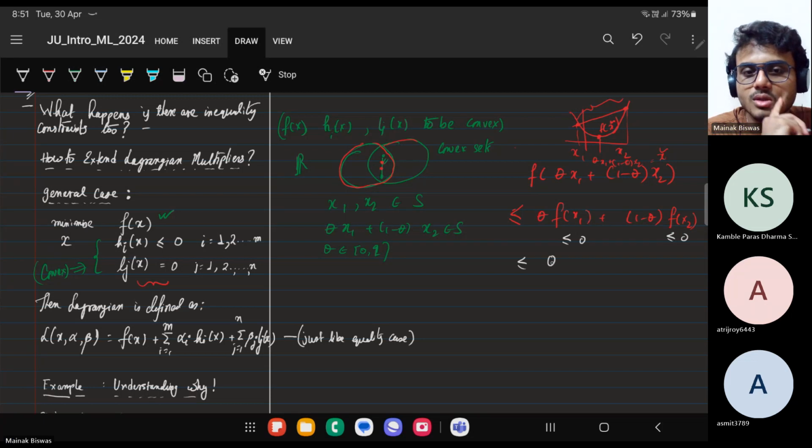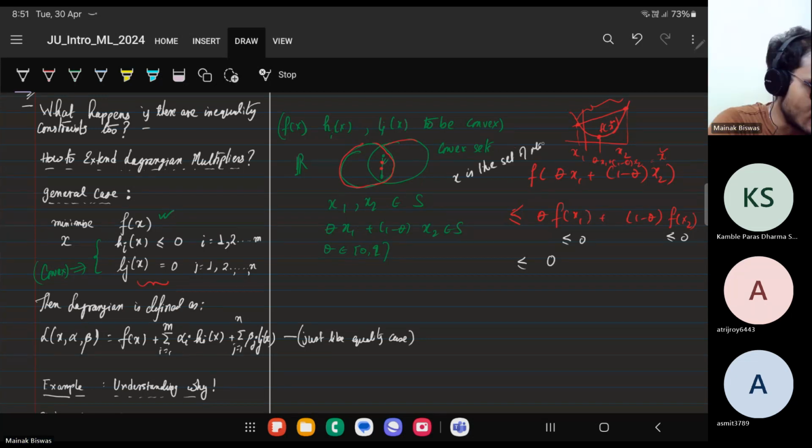Yes or no? So all convex functions will have a convex solution set. Correct? So X is a set. X is the set of points that satisfy this constraint, this optimization problem.